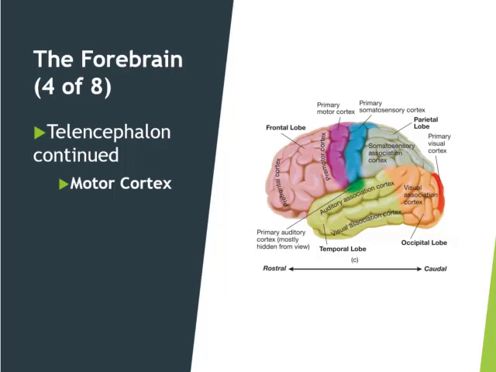Continuing along with the telencephalon, the motor cortex, which you see in purple here, mostly directs controlled movement. It's located in front of the primary somatosensory cortex.